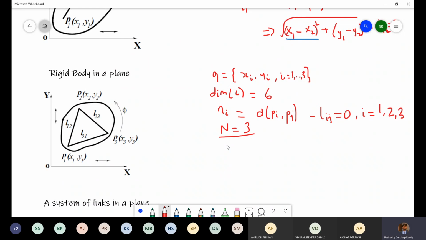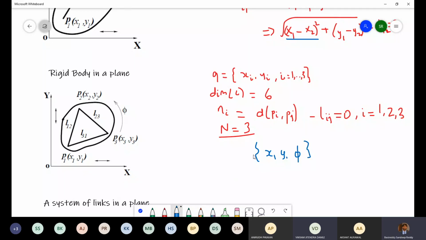Now even here, what should be the 3 degrees of freedom? Xi, yi, and phi. Yeah, will it be any one? X1, Y1? Yes, sir. Any one. The numbering is arbitrary, so.